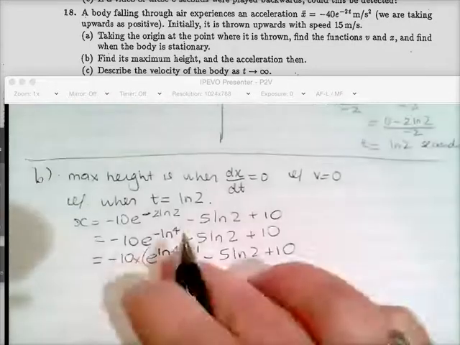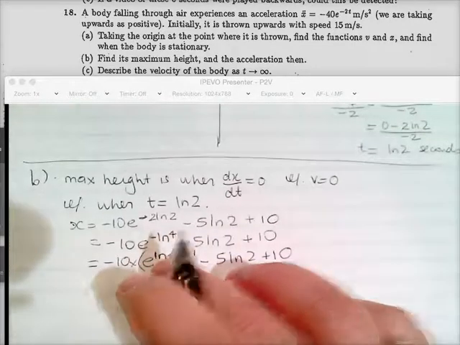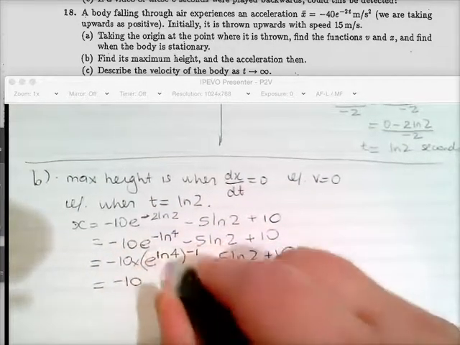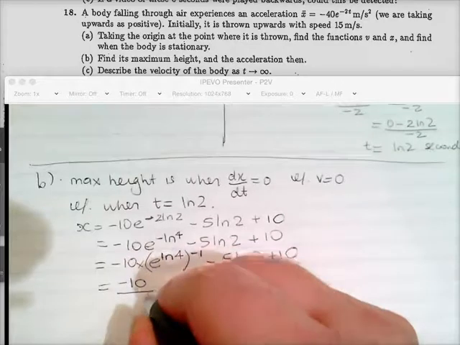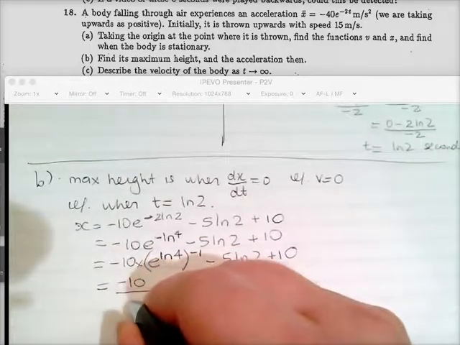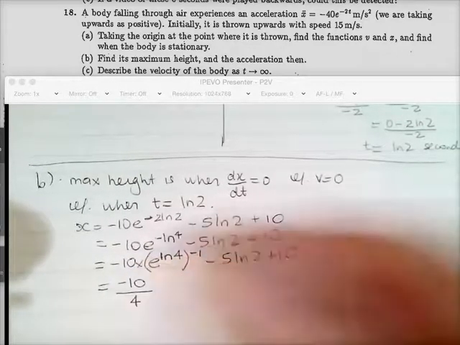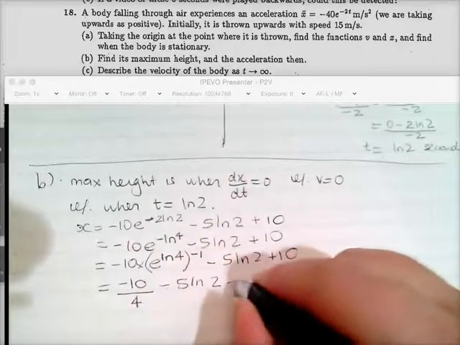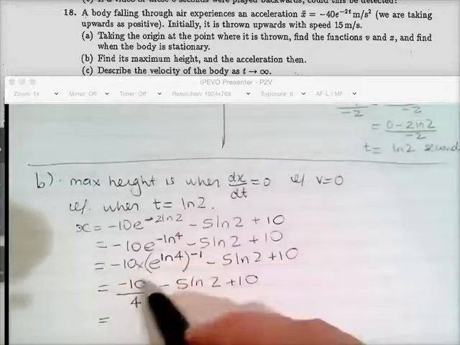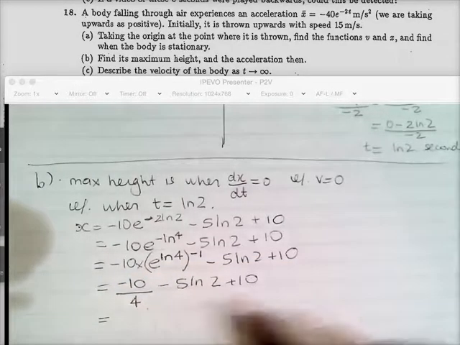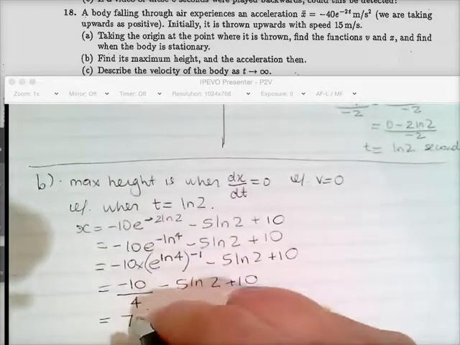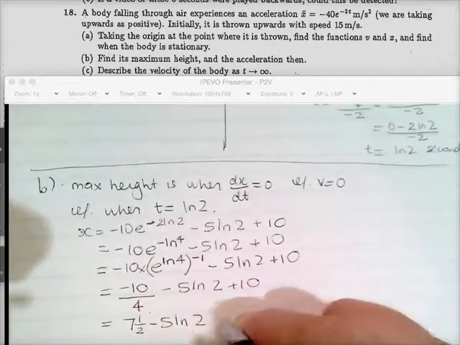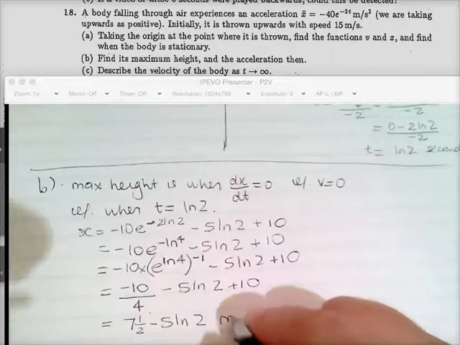We know that e^(ln 4) is 4, so that's negative 10 over 4, minus 5 ln 2 plus 10. Negative 10 on 4 is negative 2.5, and negative 2.5 plus 10 is 7.5, minus 5 ln 2. So that's the maximum height, and the units are in meters.